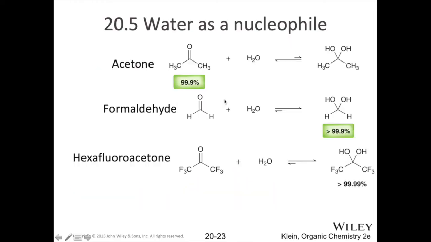Okay, so that being said, here are some examples of what it looks like when water does act as a nucleophile. There are some cases where the molecule itself can help ease the strain from that unstable intermediate.